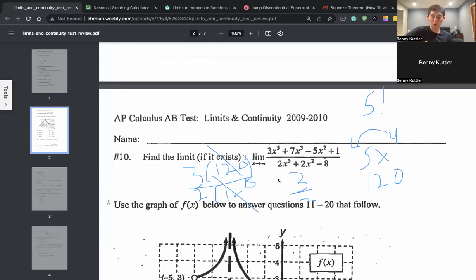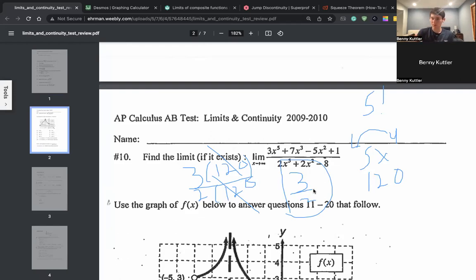If we have y equals just a number, that's just going to look like a horizontal line. So the limit everywhere is just whatever that number is. So now if we take the limit as x approaches infinity of 3 over 2, it's just always going to be 3 over 2. So the answer to this problem is 3 over 2. And that's how you find horizontal asymptotes.